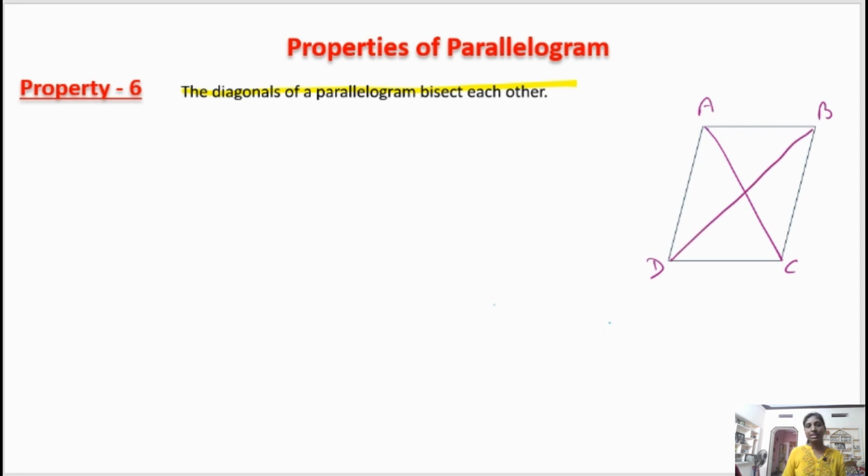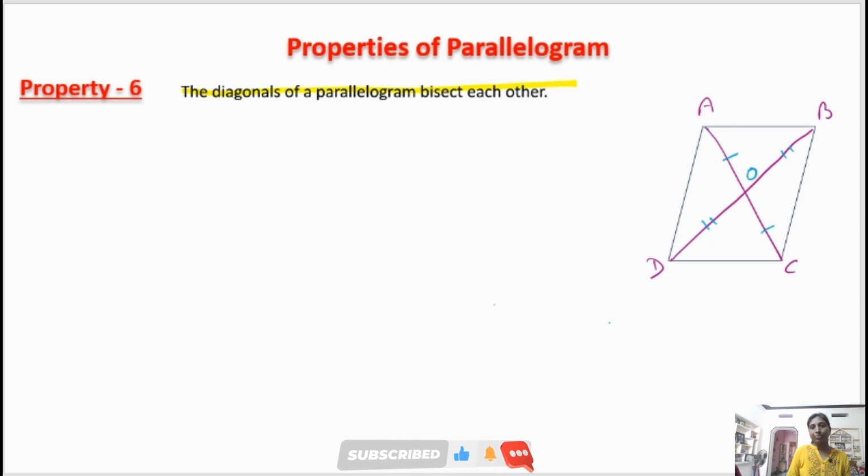Then this property says that the diagonals of a parallelogram bisect each other. Suppose these diagonals intersect at point O. Then this property says that AO is equal to OC and OD is equal to OB.